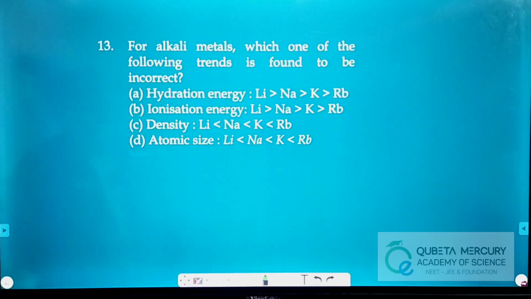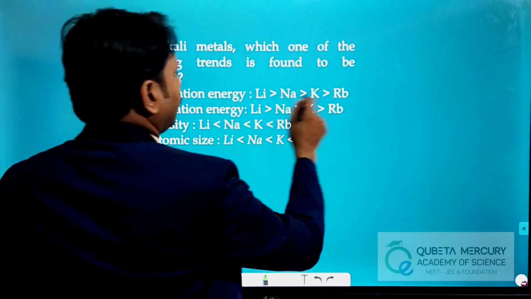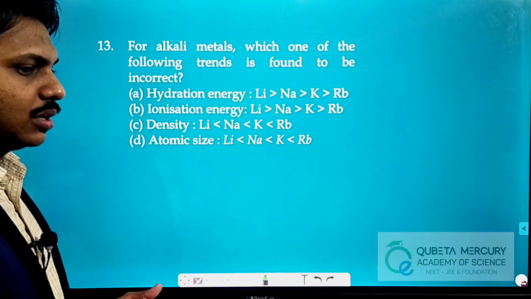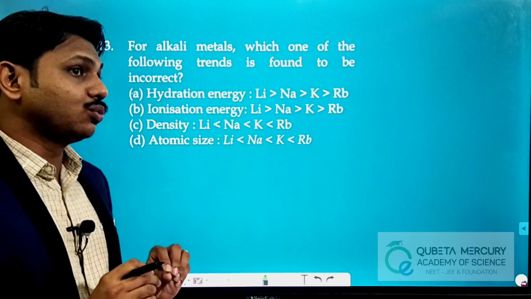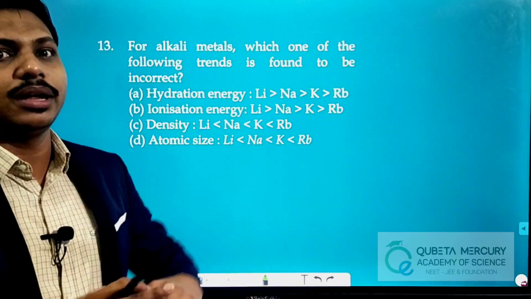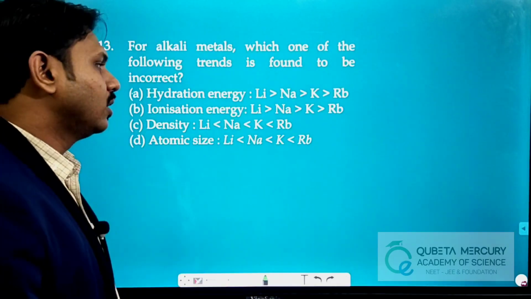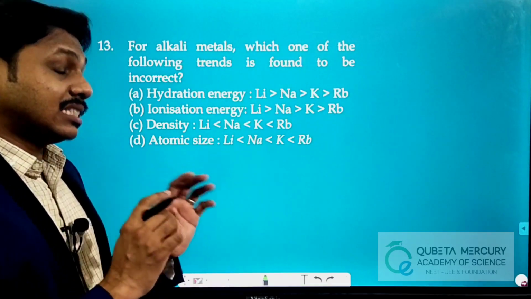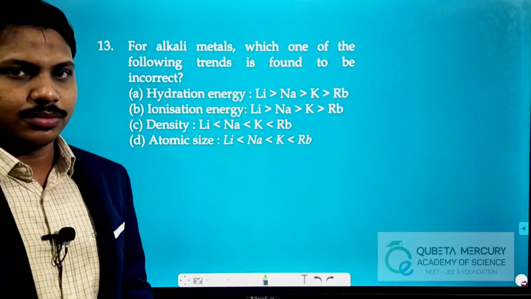For alkali metals, which one of the following trends is found to be incorrect? See, hydration energy is given as the correct order, because down the group atomic size increases. Consequently, the effective nuclear charge on the outer shell will not be that high. Down the group, since atomic size increases, the charge to radius ratio will be less.